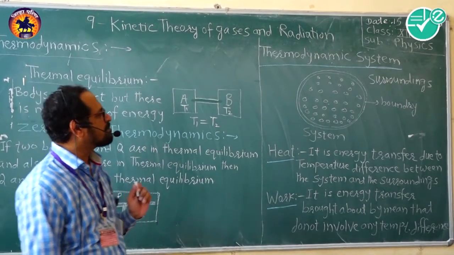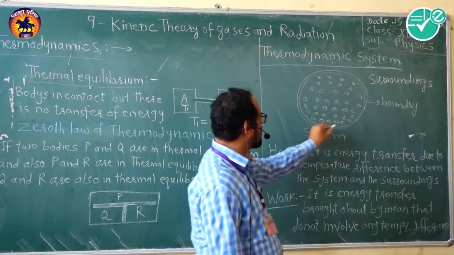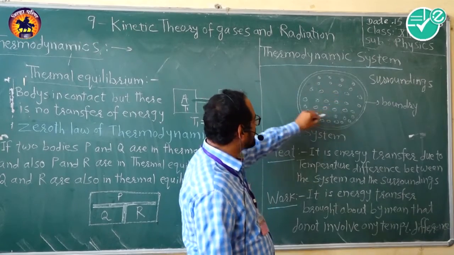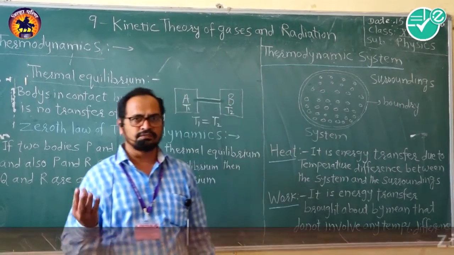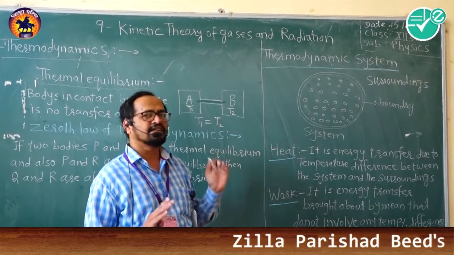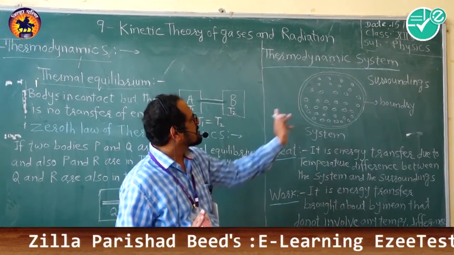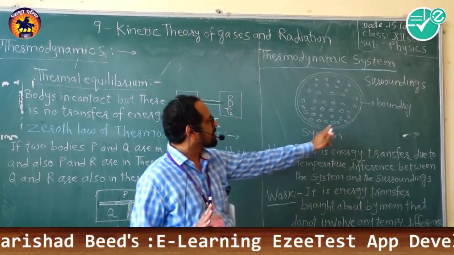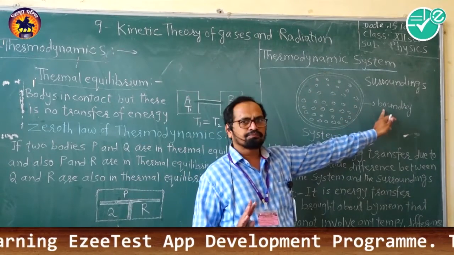A system is a part of the universe. Here a figure is drawn which consists of different molecules. A system may be solid, liquid or gas. Now here we are studying gases. So this is the system of gases that is covered by a boundary.